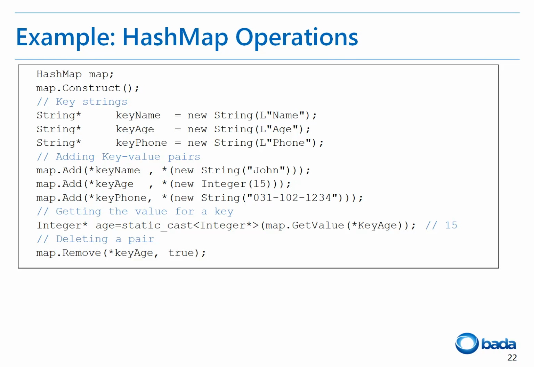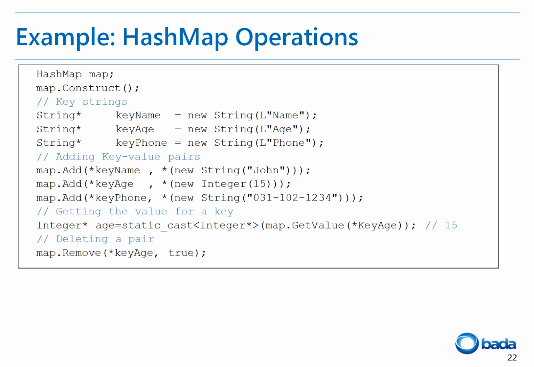This example shows how to use a hash map. First, I prepared 3 keys, name, age, and phone as strings, and I added a key name and a string John pair, a key age and an integer 15 pair, and a key phone and a phone number string pair to the map.